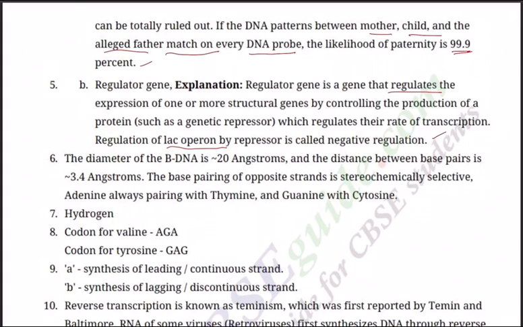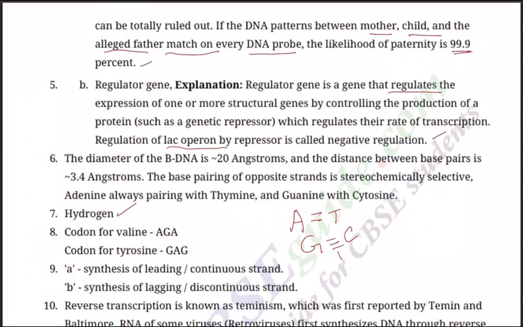Adenine always pairs with thymine, and guanine always pairs with cytosine. So we always write A with T, and G with C. Between adenine and thymine there are double bonds, and between guanine and cytosine, triple bonds. Weak hydrogen bonds will be there, and they can be broken. That's how DNA replication takes place.